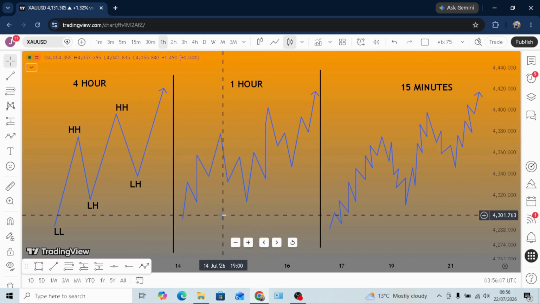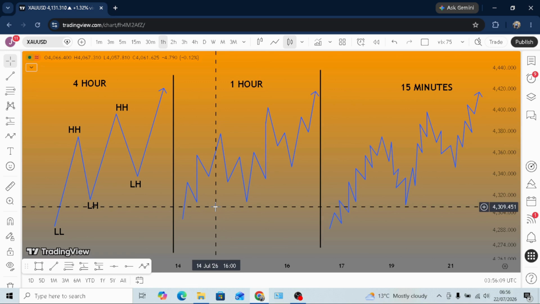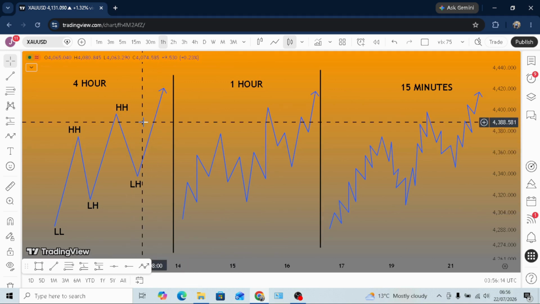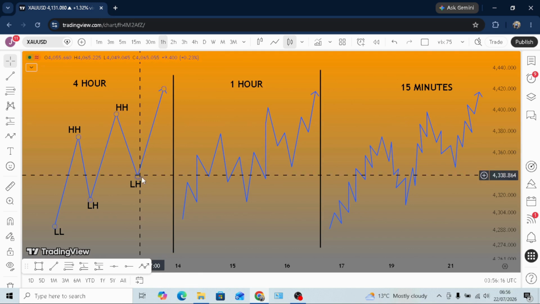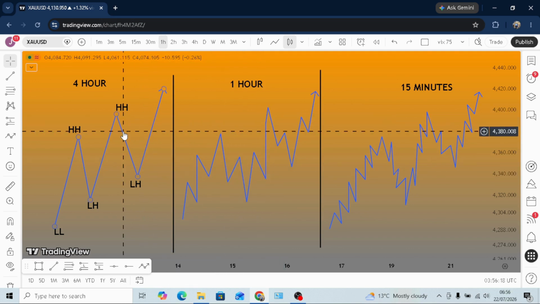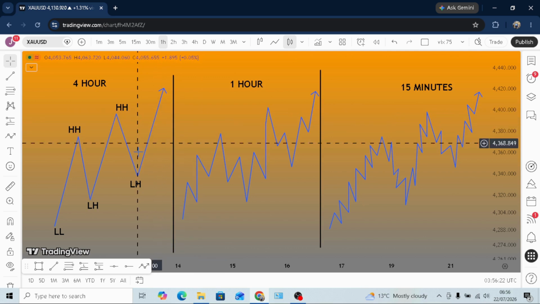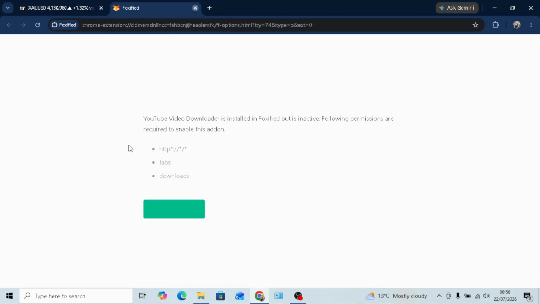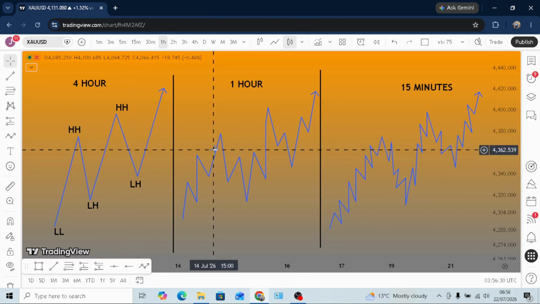So that's why, if you want to be a good trader, it's always advisable that you check your higher time frame so that you can always trade according to the direction of the higher time frame. You only use the higher time frame to identify the market zones and also to identify the direction of the market.